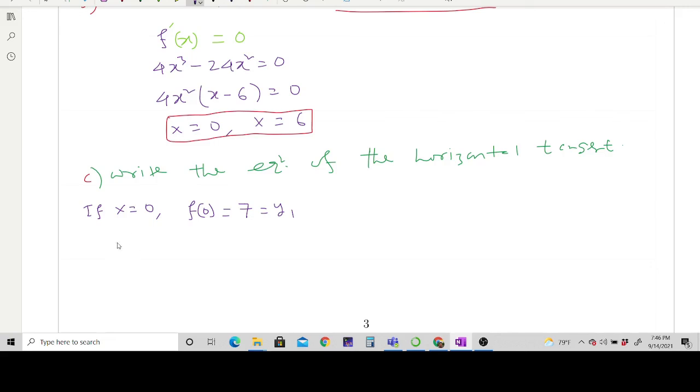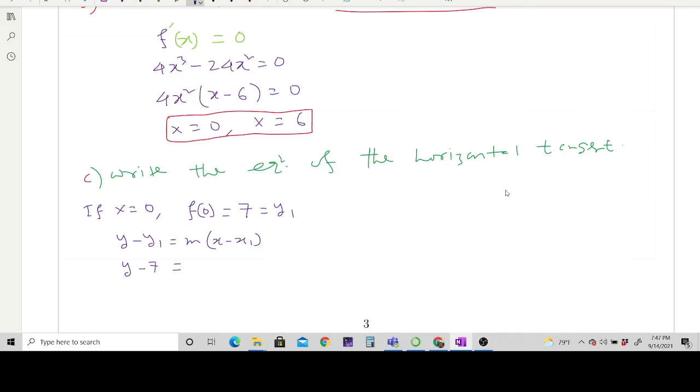So the equation of the tangent line is y minus y1 equals m times x minus x1. So y minus 7 equals, what is m?